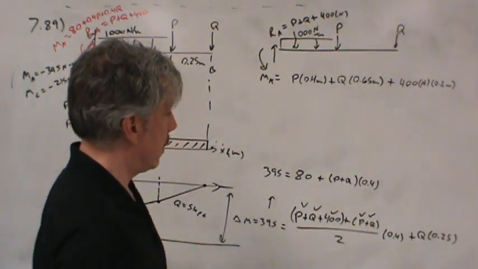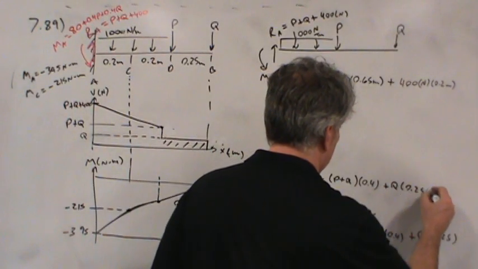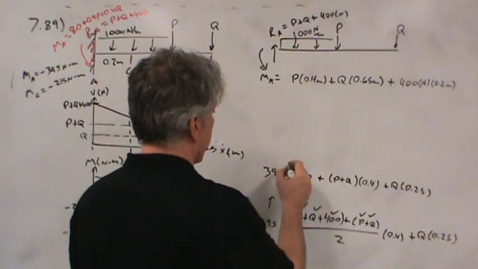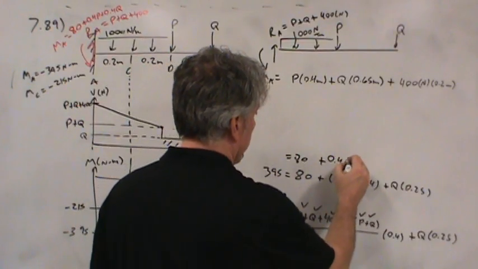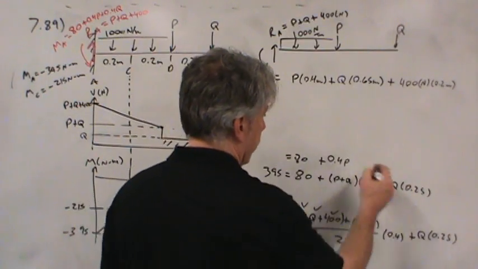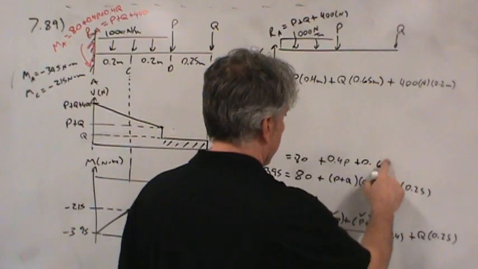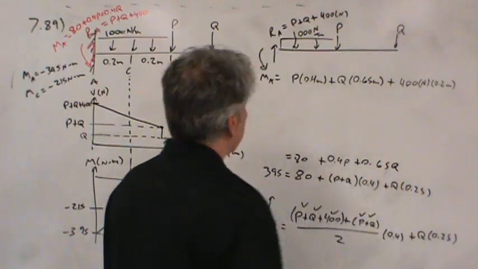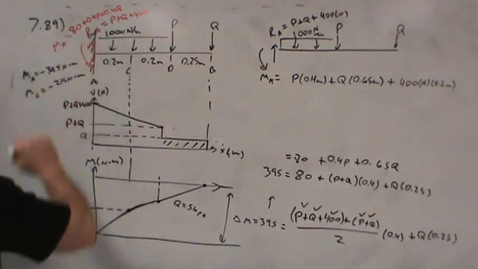And then we have plus Q times 0.25. Let's put the Q's together. So this is 80 plus 0.4 P, and we've got 0.4 Q plus 0.25, so 0.65 Q. Does that look familiar? It should. It's right here.